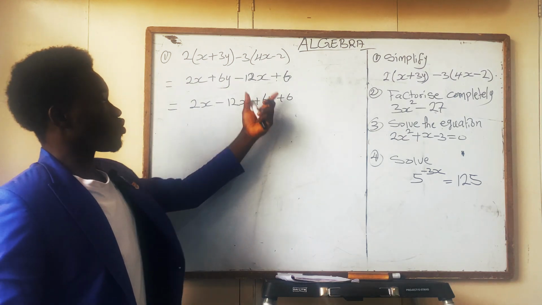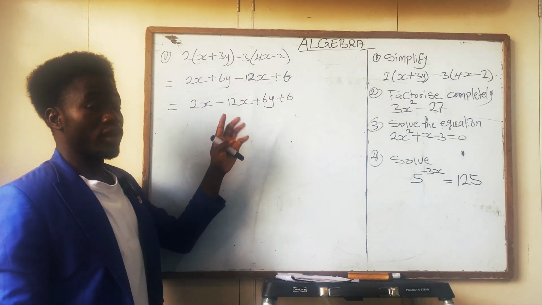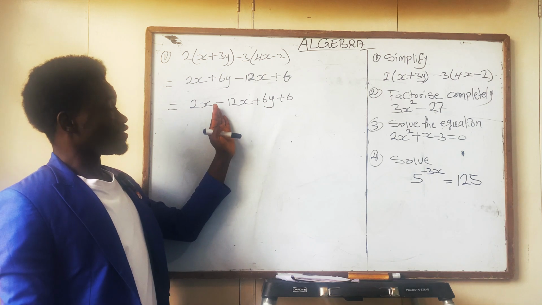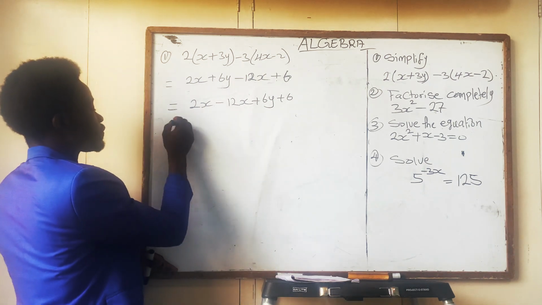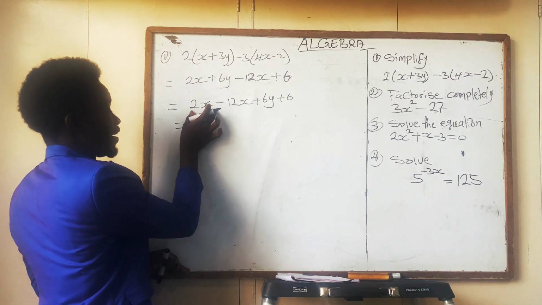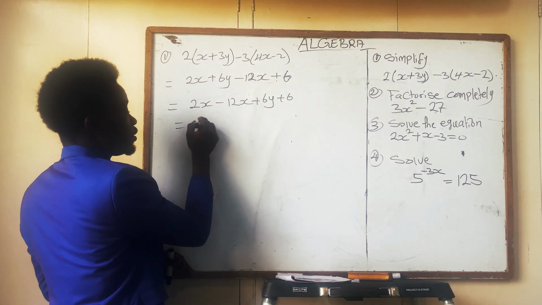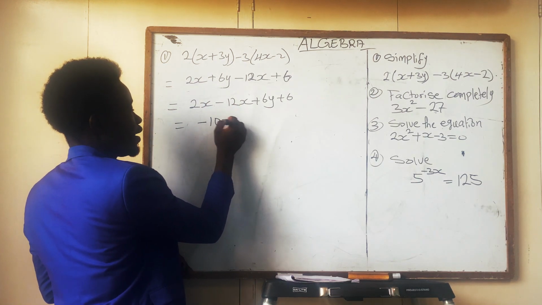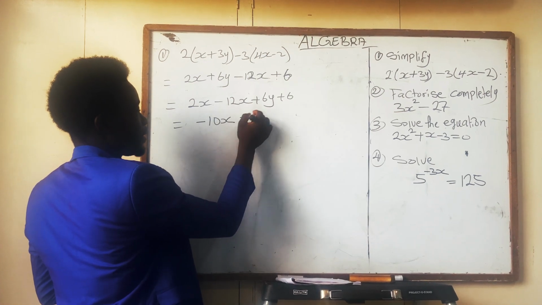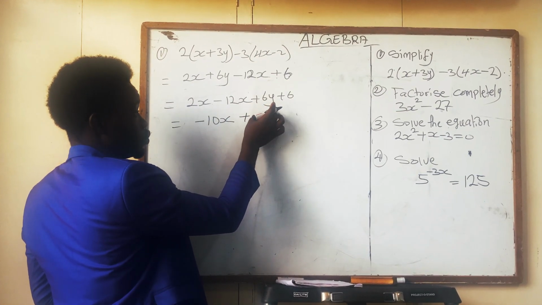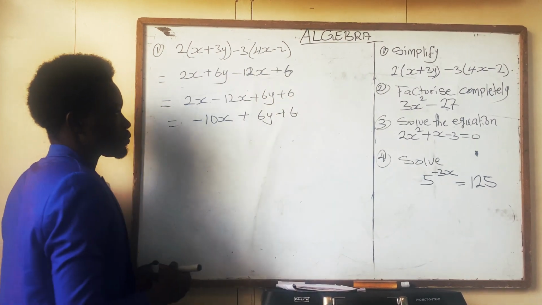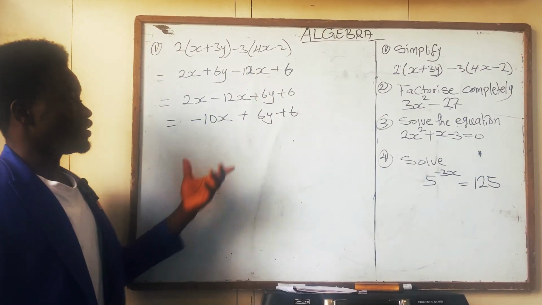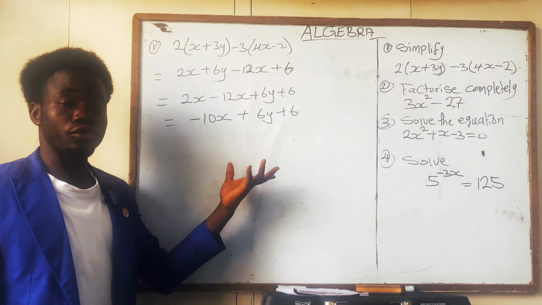But the sign is not crossing the equal sign, so therefore this negative is still going to maintain negative. And this is finally equal to 2x minus 12x will give me minus 10x, plus y is alone, so I still have my 6y plus 6. So this is what they are looking for.